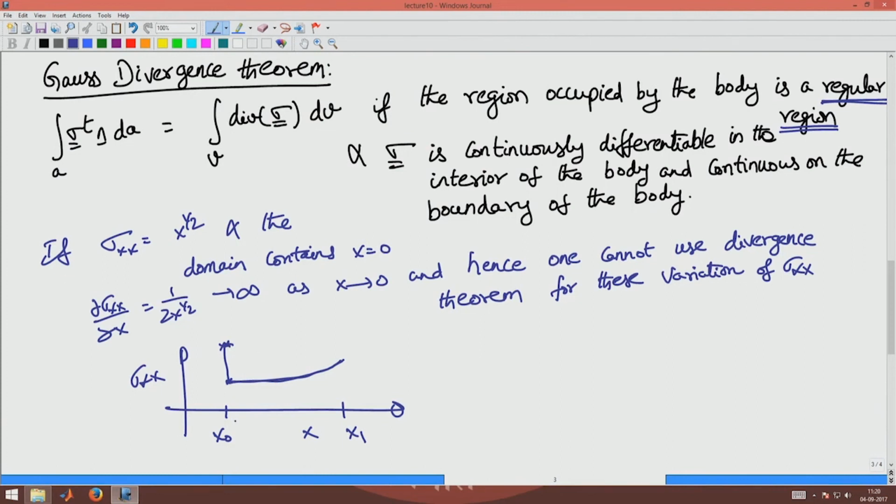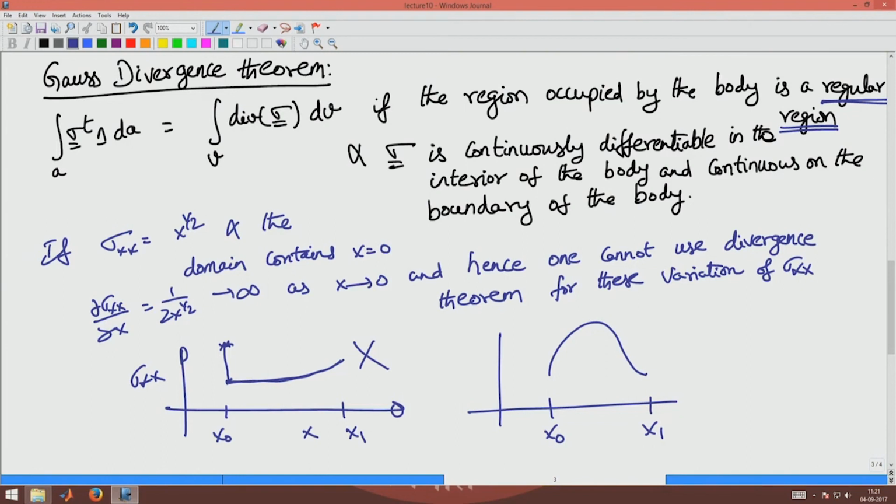It has to be continuous. So, this is not allowed for sigma xx variation; that is what continuous at the boundary means. On the other hand, you can have a variation like this, from x0 to x1. So, you have to understand that we are using the divergence theorem for simplifying the equilibrium equations, which has certain assumptions in it, and you have to adhere to those assumptions.